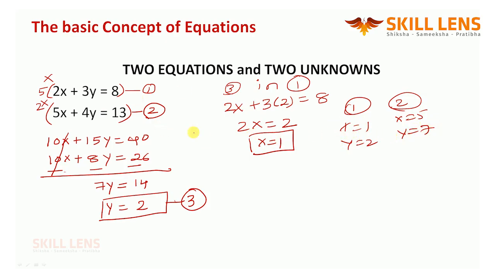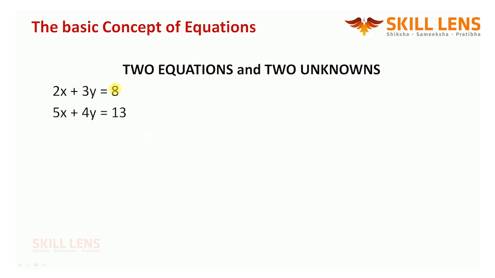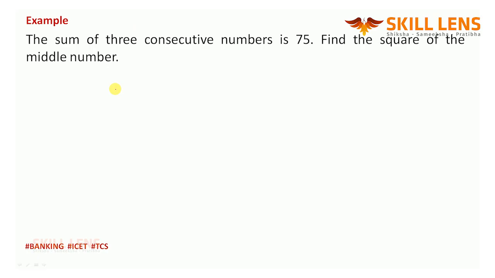Try to plug the values to get your answer. That's another way of handling the question. So hope everybody understood how to handle the situation when there are two unknowns and two equations given. Let's try to solve a few questions based on this simple equation concept.